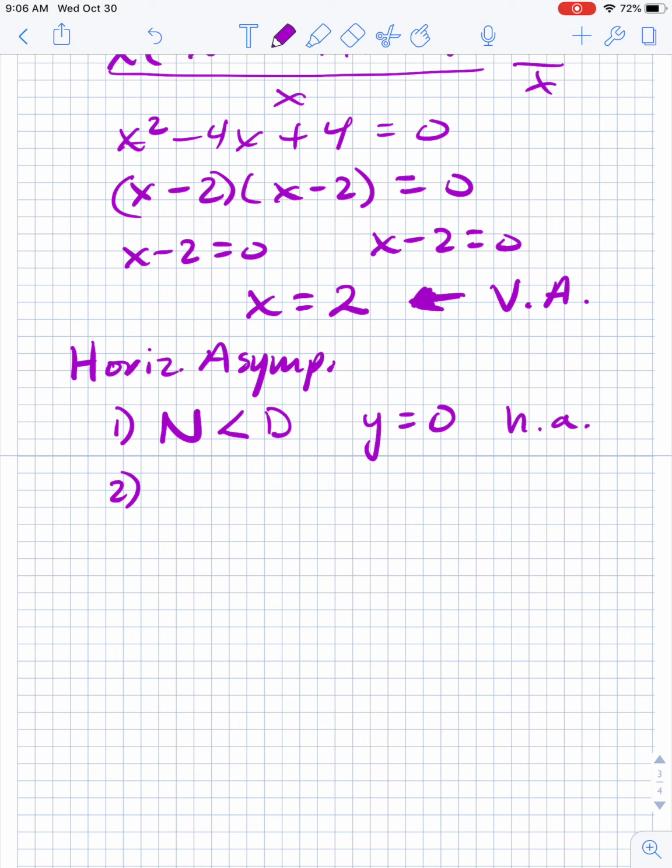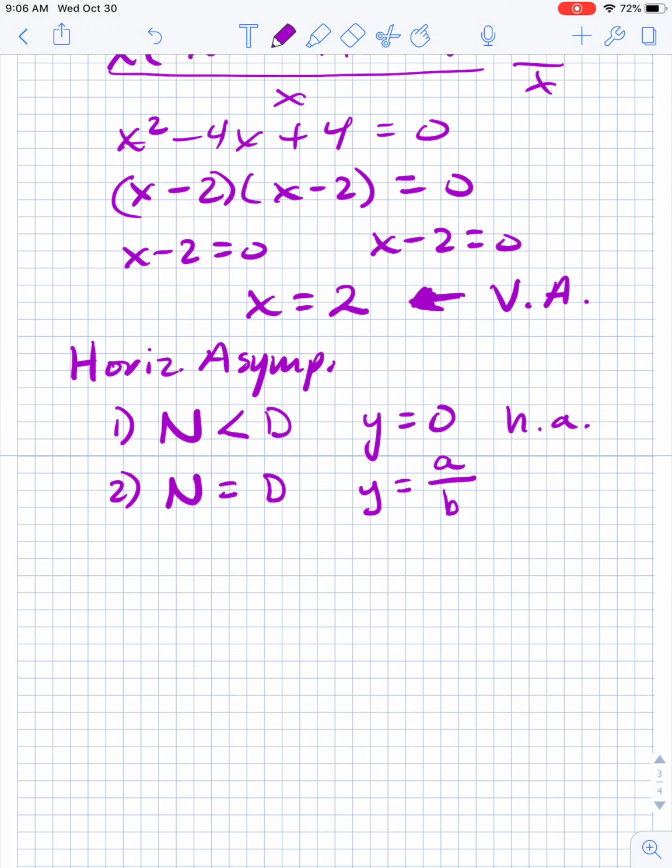If the degrees in my numerator are equal to the degrees in my denominator, okay, then y is going to be equal to the leading coefficient for the numerator, which we'll call a, over b, which is the leading coefficient for the denominator.